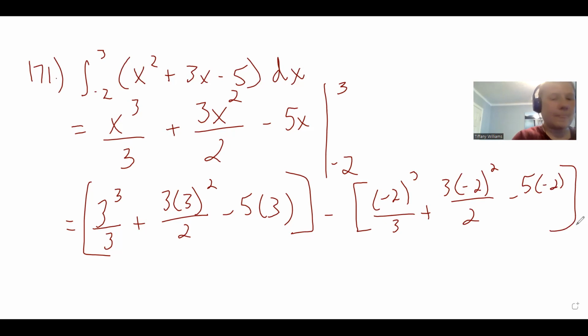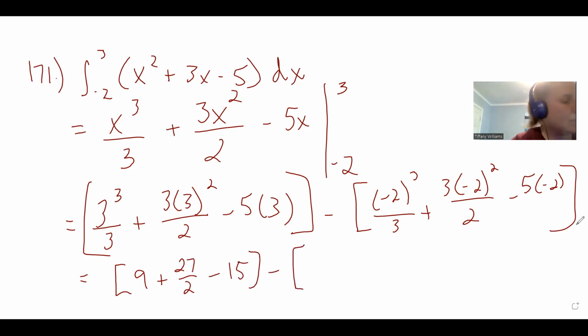So what do we end up with here? 3 cubed is 27, divided by 3 is 9. We've got 9 plus 3 squared is 9, times 3 is 27 over 2, minus 15, minus, what do we have? -2 cubed is -8/3. -2 squared is 4, times 3 is 12, divided by 2 is 6, and then plus 10.